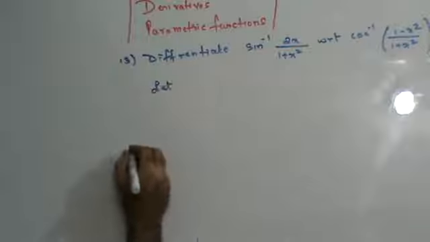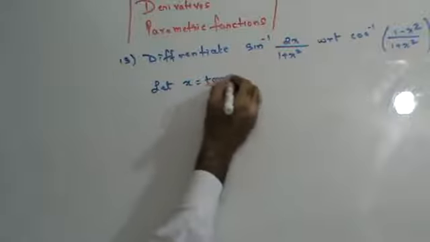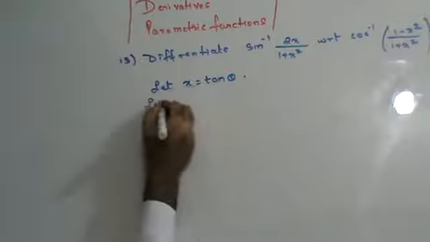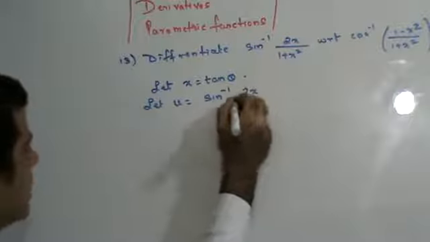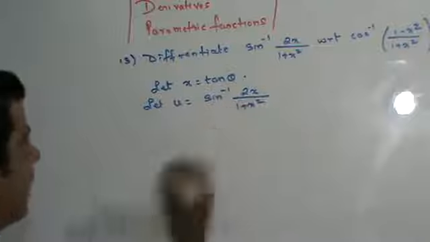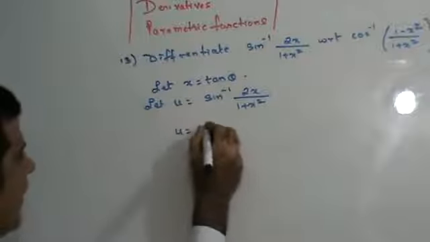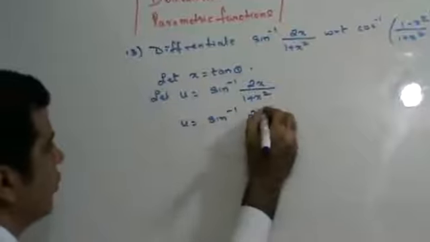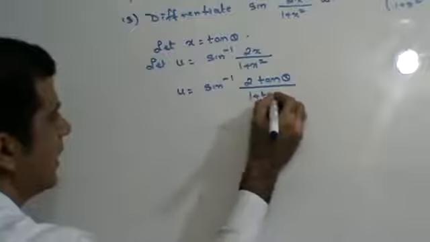Think about multiple-submultiple formulas. Let x be equal to tan theta. Let u be equal to sine inverse of 2x upon 1 plus x square. First term I am assuming as u. We substitute the value of x. So sine inverse of 2 tan theta upon 1 plus tan square theta.